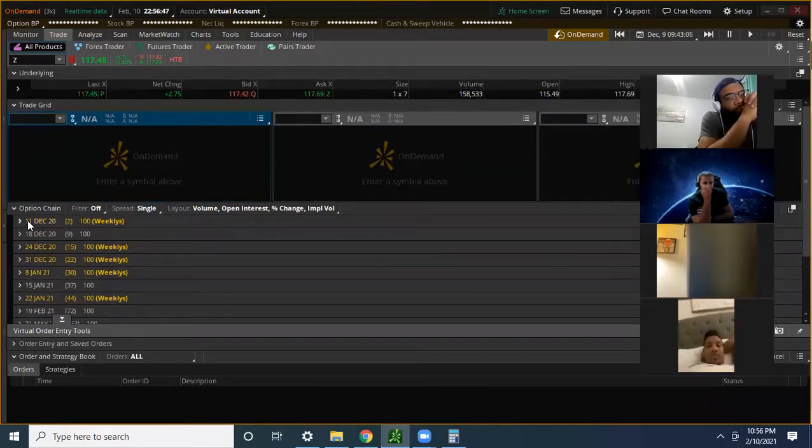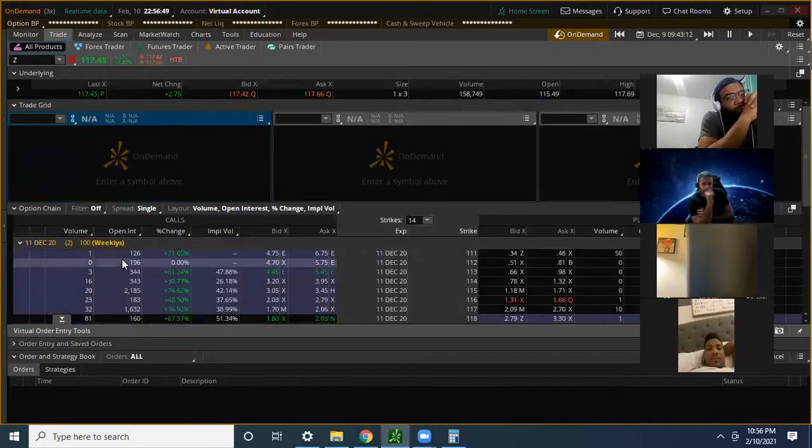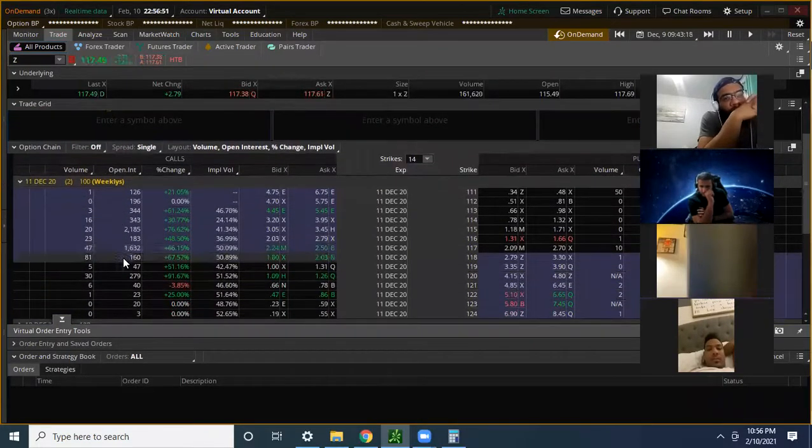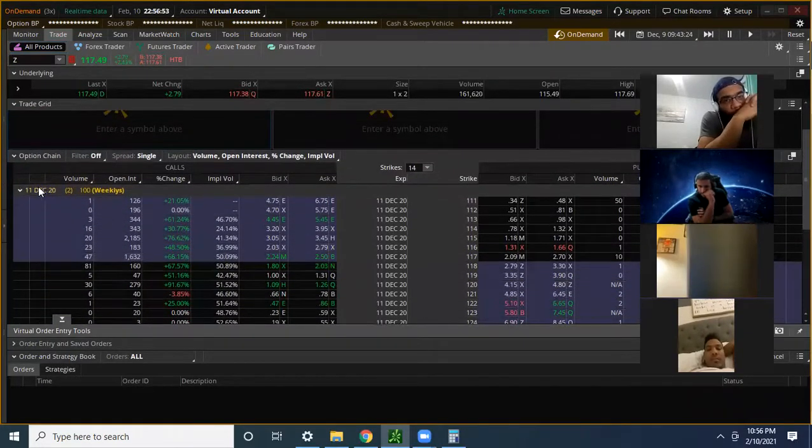So we're going to go to December 11th, 2020. Generally, the closer the expiration date, the cheaper it is. And the reason why it's cheap is because you have to be right by that time. Otherwise, your option expires worthless. So there's a time decay element.